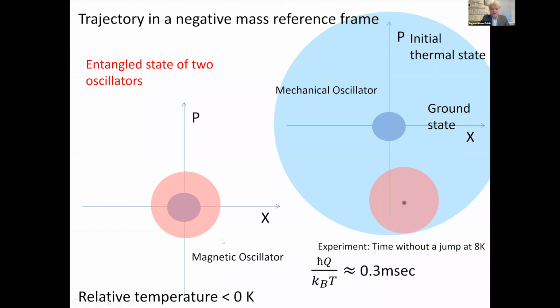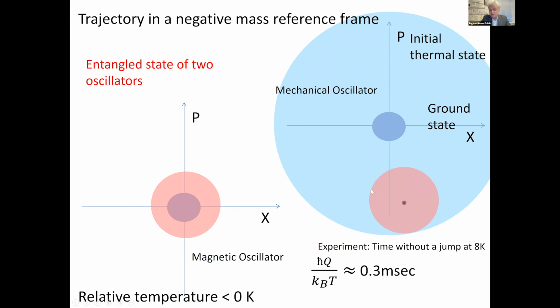Now, my magnetic oscillator, as I told you, is actually a very nice ground state oscillator, and it has a reasonable coherence time. So for a fraction of a millisecond, even close to a millisecond, I can have those two states kind of frozen with the corresponding uncertainty.